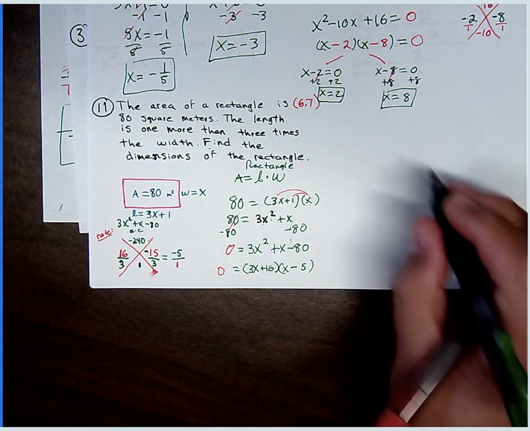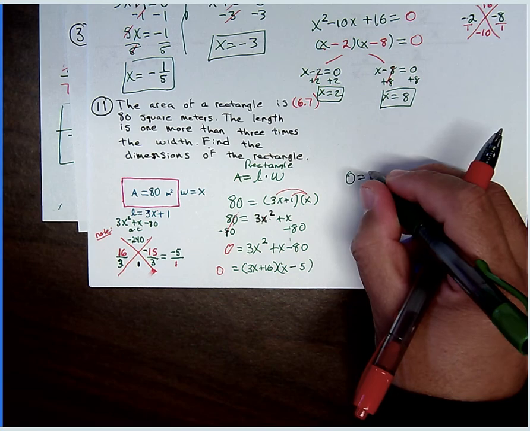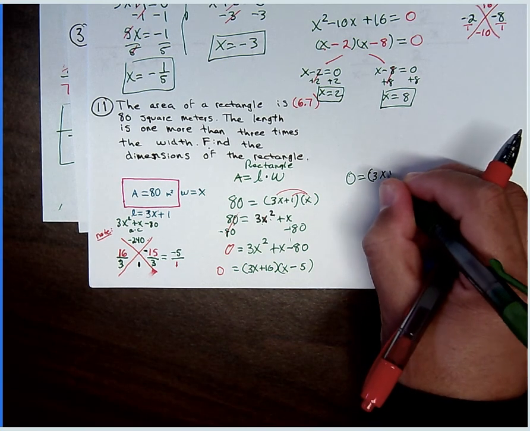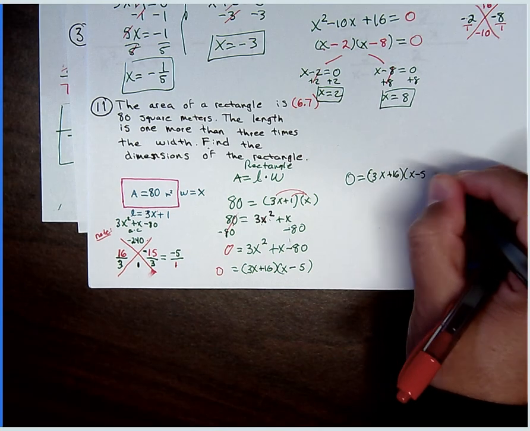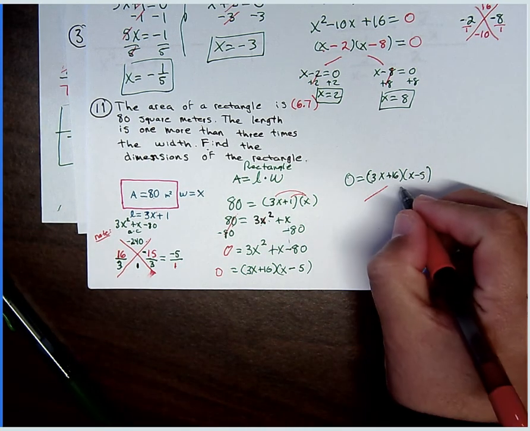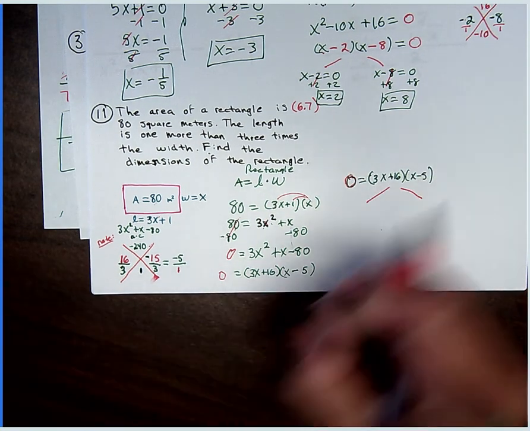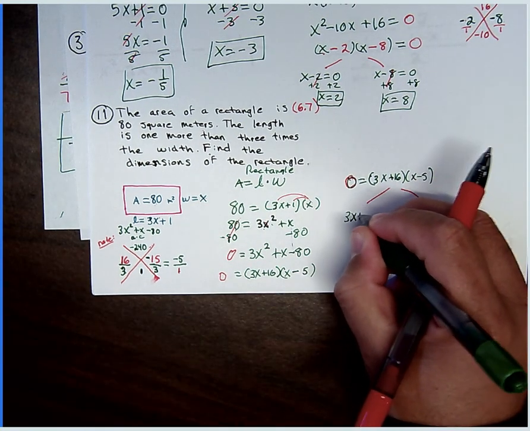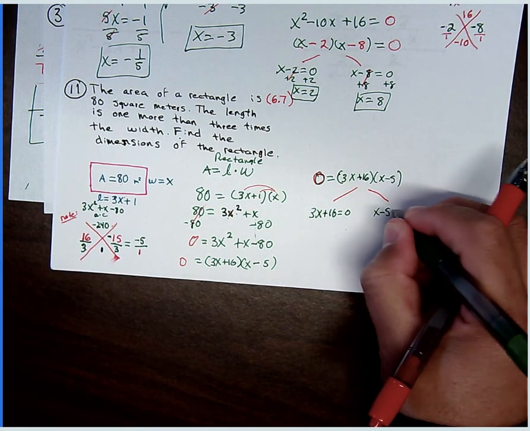Okay, now once you have that, it's just a matter of, so we're gonna split them like that, and then we're gonna set them equal to 0. So 3x plus 1 equals 0. x minus 5 equals 0.